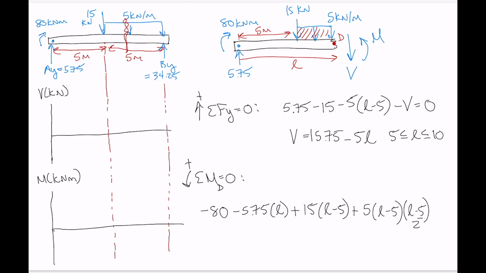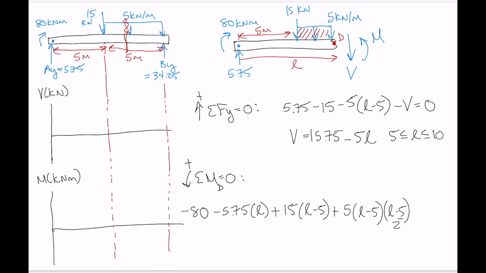Okay. And then I'm just going to move this over a bit because I can see that we're going to run out of room. So let's put it there. And then we've got our point moment, our internal moment M, and that's also in the positive direction, plus M, and that all has to be equal to 0.